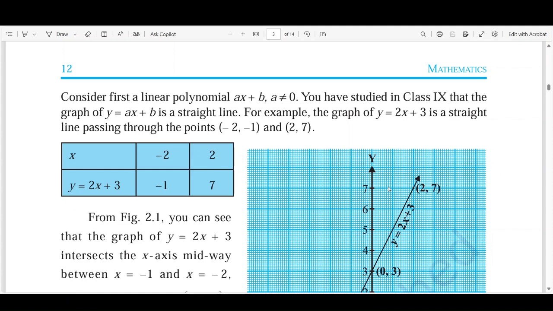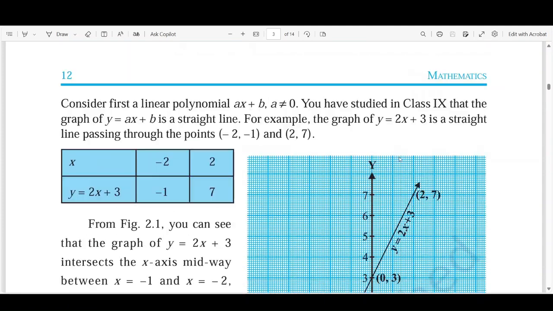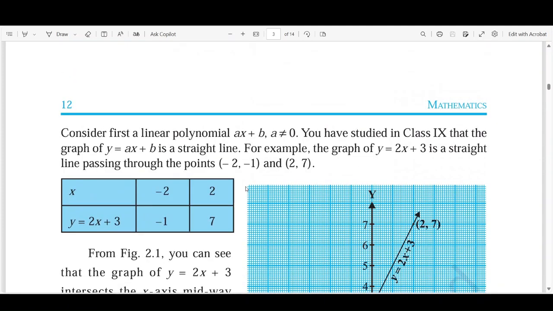Now we have to identify the zeros for this polynomial. In order to determine that, they have determined 2 points through which this straight line passes: minus 2 comma minus 1 and 2 comma 7. When you substitute the x values, you can obtain the corresponding y value.